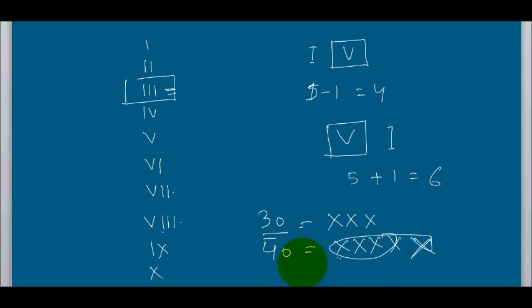To write 40, what will you do? L is 50, you know, and I will subtract 10 from 50. That means I will write 10 just to the left of the L, so it is 40. Clear?